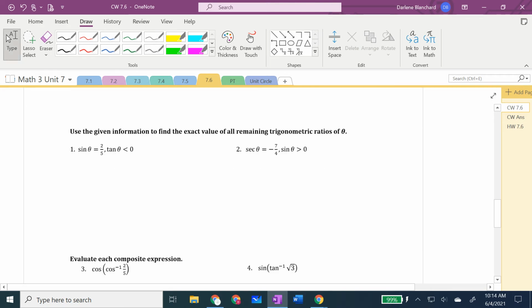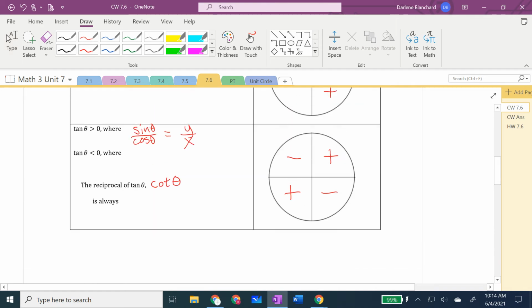Now, what I'm going to talk about for these first two examples is, if you've ever heard about reference triangles, what I've explained to you about the positive negativeness within each quadrant allows you to not have to worry about how to set up a reference triangle.